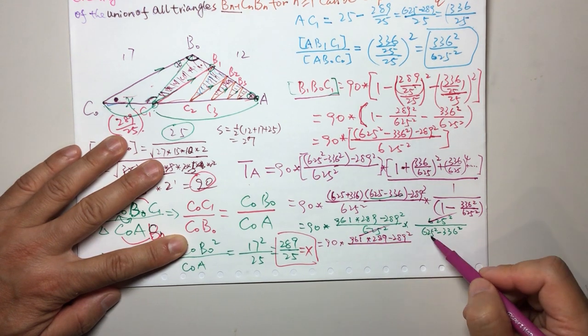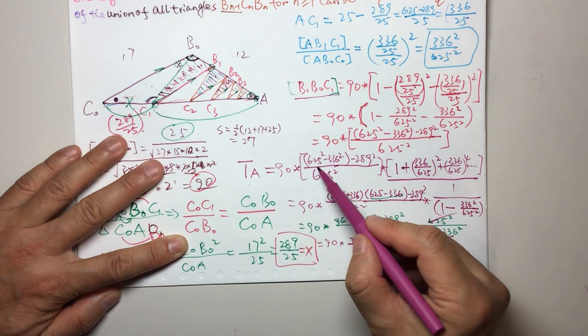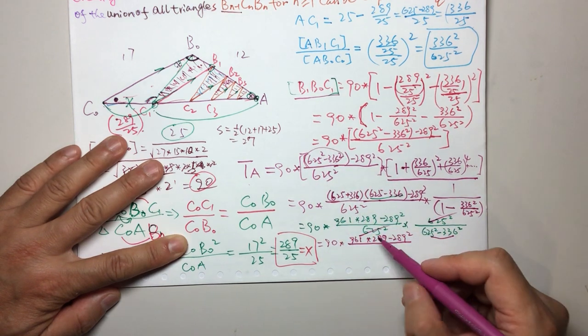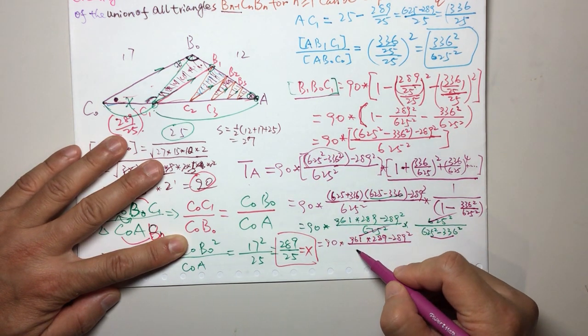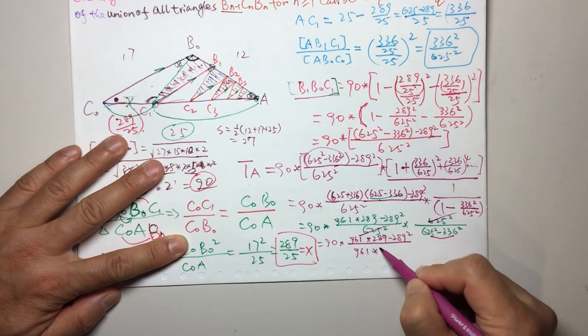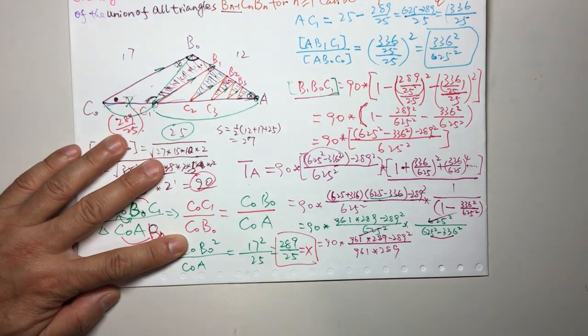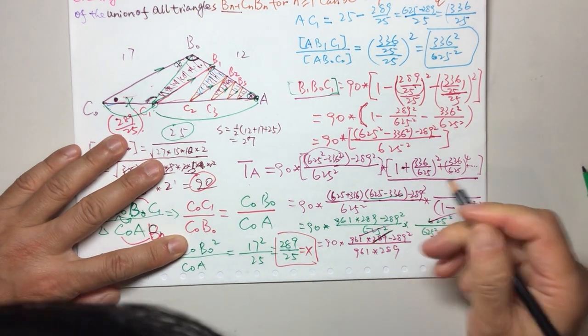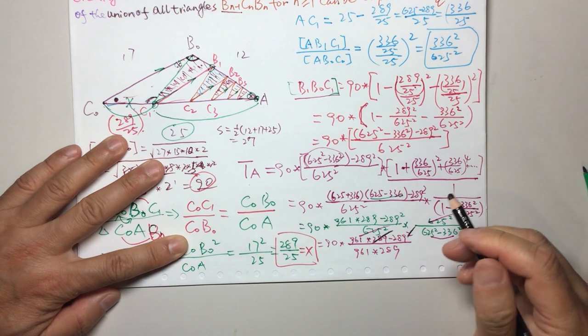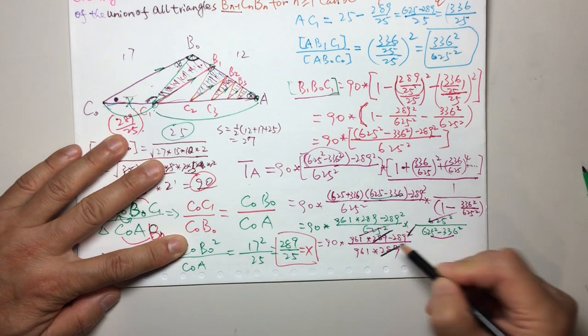And this one we do the same thing like here, what we did, right? It is 961 times 289, correct? A plus B times A minus B. So we will cancel which one? We will cancel this 289. And here got another 289 and 289.